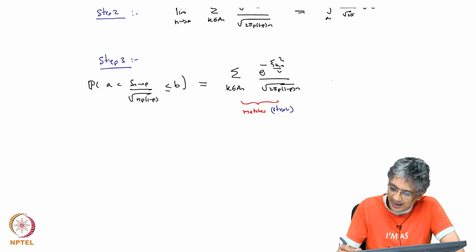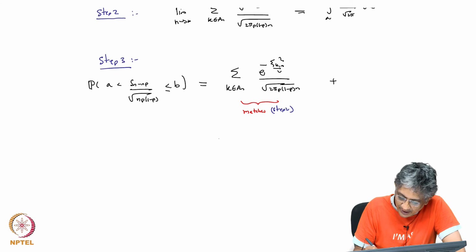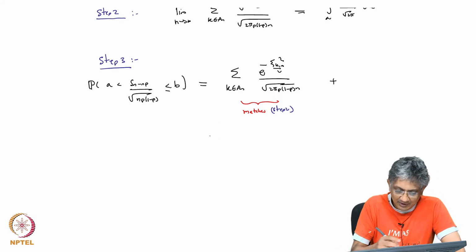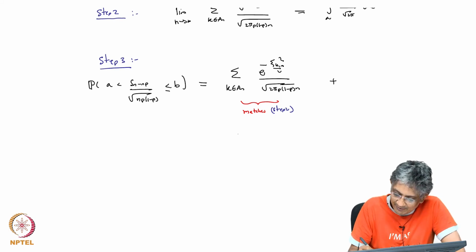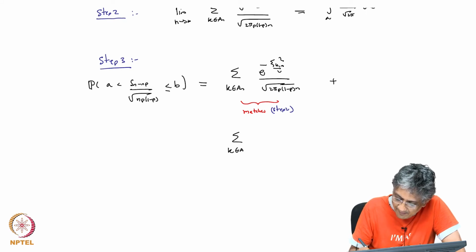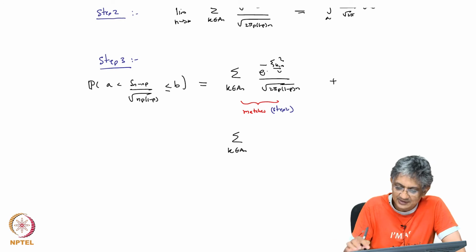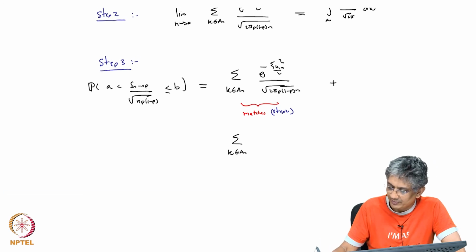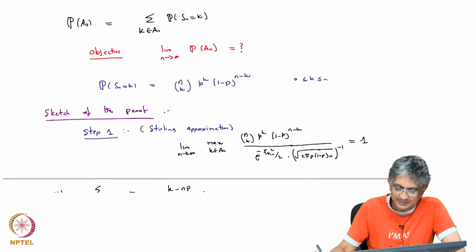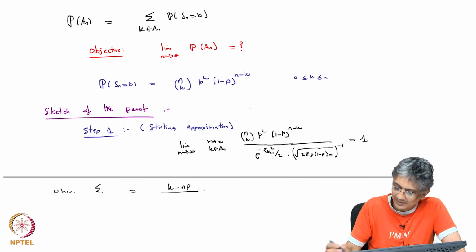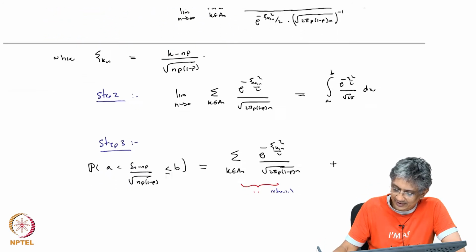So what you do is you just add. What's the error term going to look like? You're going to have this guy minus what the actual probability is, right? So I'll write it a little bit cleverly, as the summation over k in A_n of this minus the probability S_n equal to k, which is this term. But I'll write it with a little jugglery.